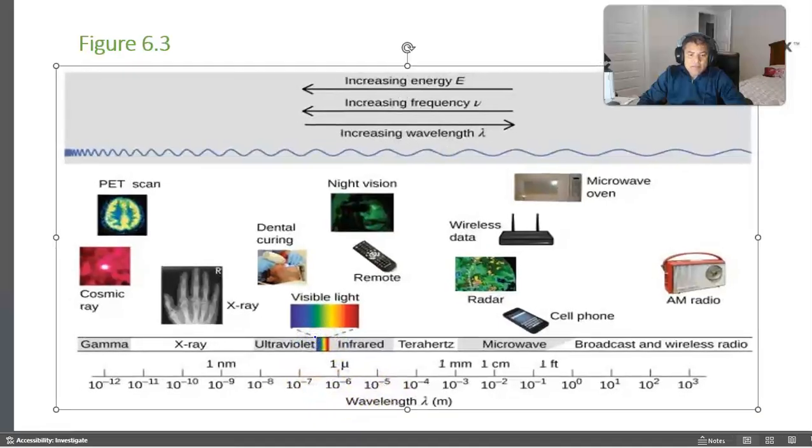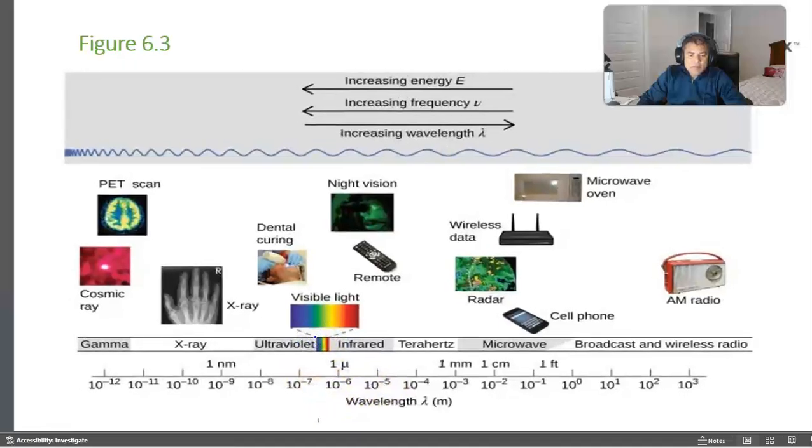The tiny bit here is about 10 to the power minus 6 to 10 to the power minus 7 meter, or so, that is the wavelength, about 300 to 700 nanometer. You can convert that to nanometer like that.